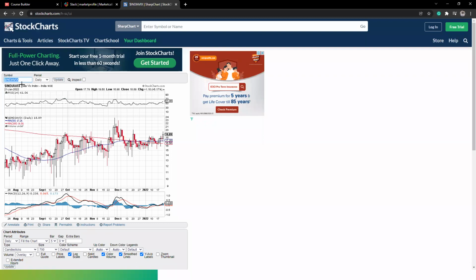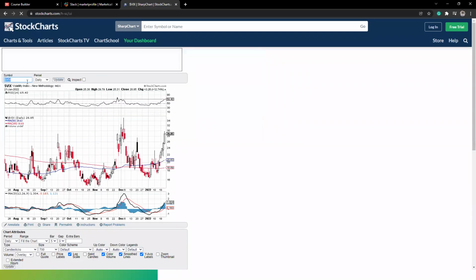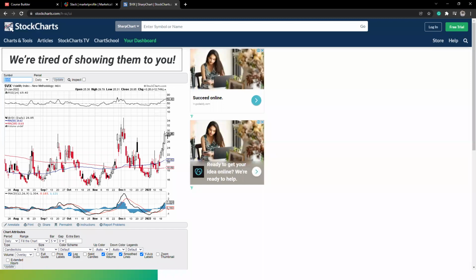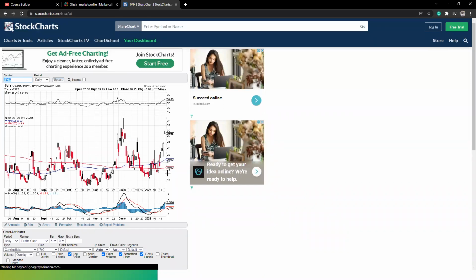Whereas in the US markets, the fear is at the extreme, at 28.85 kind of levels. So what does that mean? Will it break Indian markets also? I don't think so, because the US market is showing extraordinary fear, and as of now, Indian markets are not showing any fear.